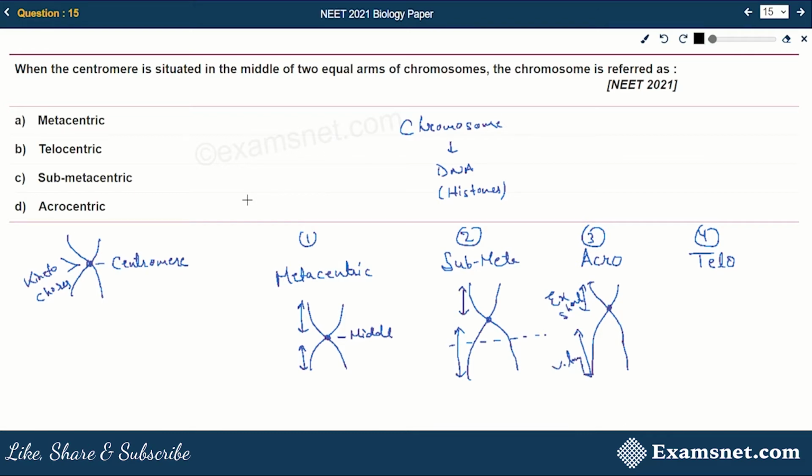In case of telocentric, this is located at the terminal point of the chromosome, that means right at the end of the chromosome. So the correct option will be metacentric for the statement mentioned in the question, that is in the middle of two equal arms. Got it?